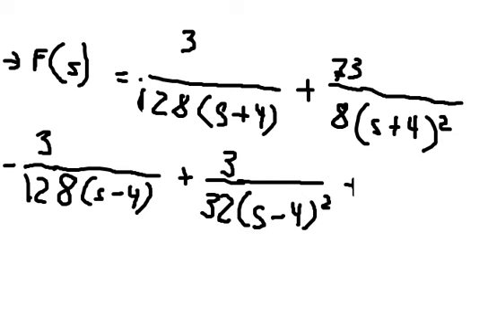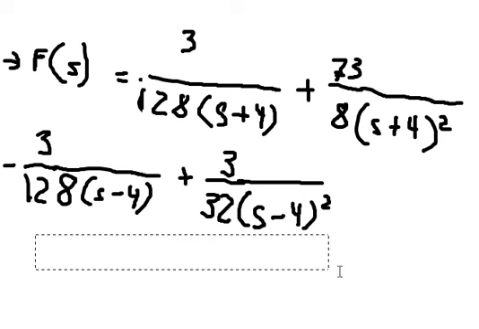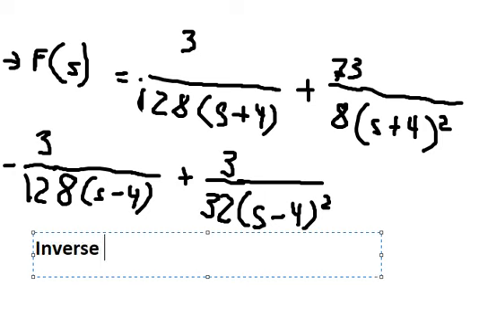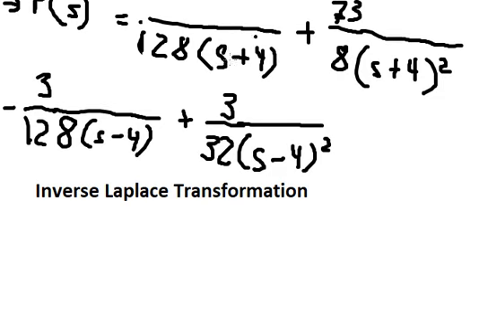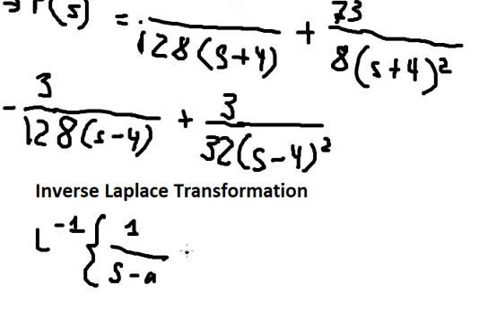So after you get this one, we can use the inverse Laplace transformation. So the inverse Laplace of 1 over s minus a, that should be e to the power of at.